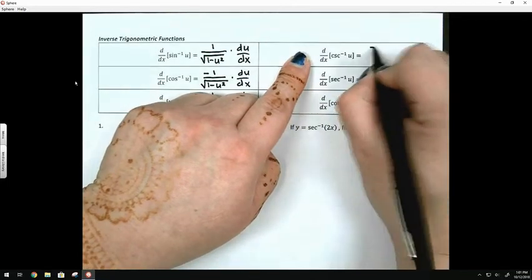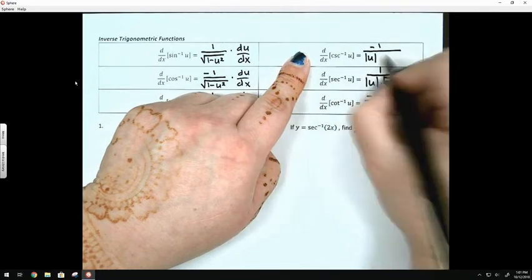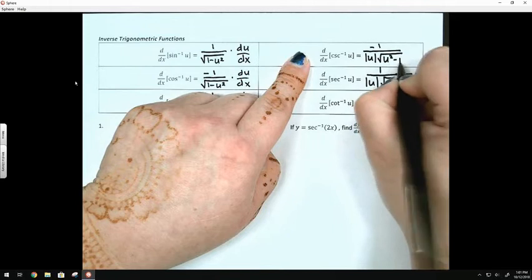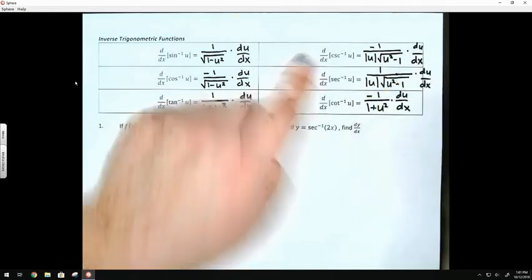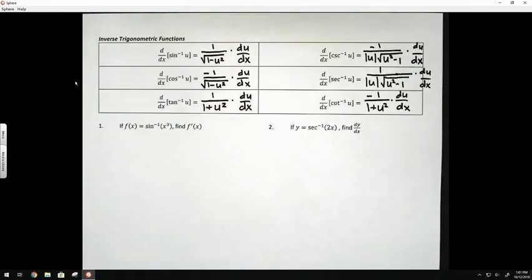So it's negative 1 over the absolute value of u times the square root of u squared minus 1 times du/dx. Okay, that's a lot. I know, they're kind of ugly. I'm sorry, but got to memorize them. So let's do some quick examples, and then I'm going to let you guys go, and we'll do lots of practice when you come back to class.